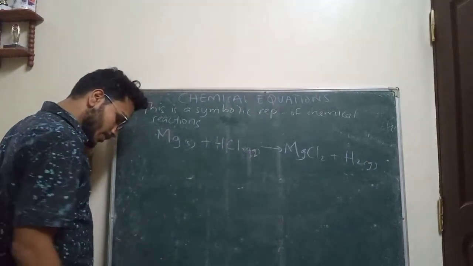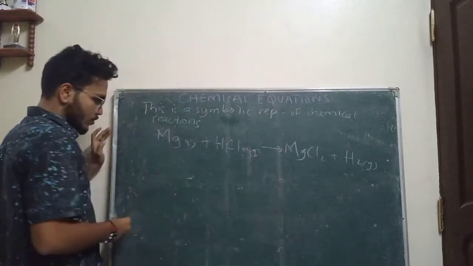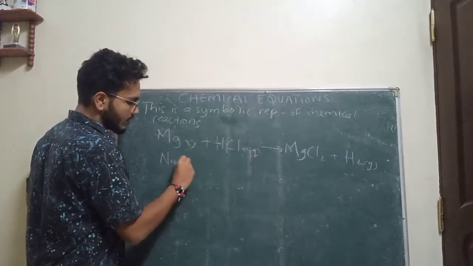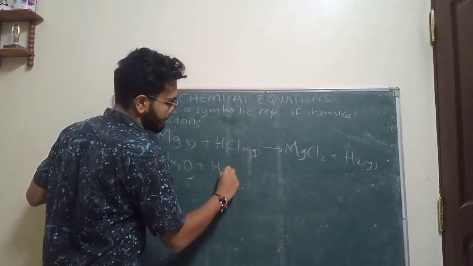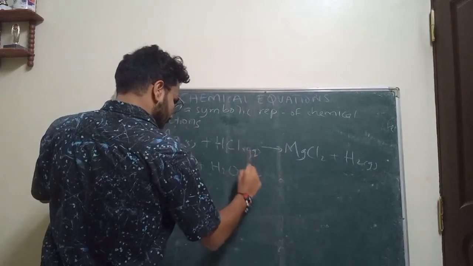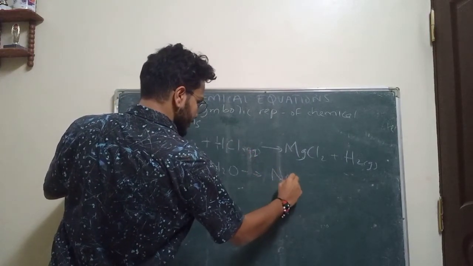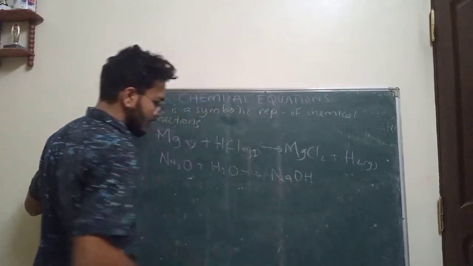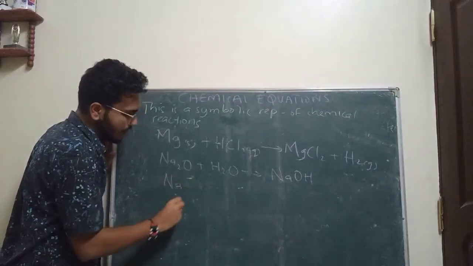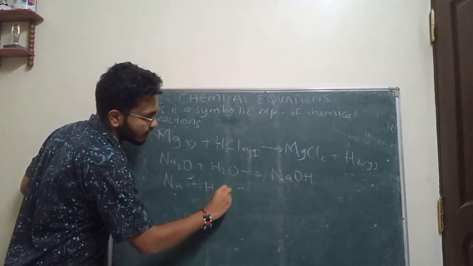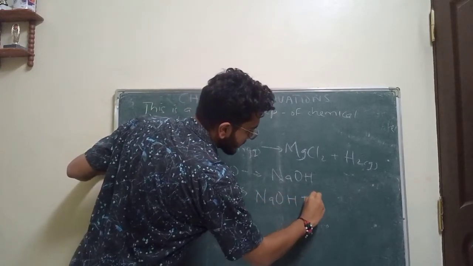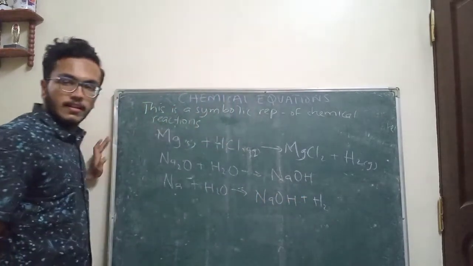Another chemical equation is sodium oxide plus water to form sodium hydroxide. However, if this was sodium alone reacting with water, it would have formed sodium hydroxide plus hydrogen gas.